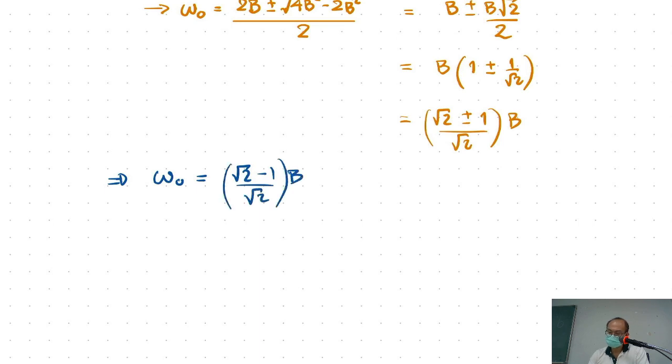Okay, so let's calculate this. I think it is about 1 minus 0.707, and that is 0.293. So about 0.3b. It is about 30% of the bandwidth b.